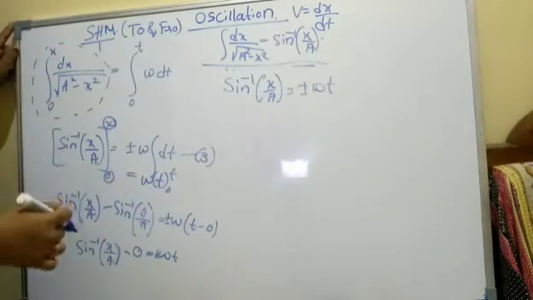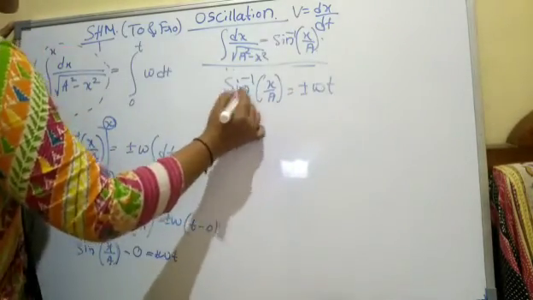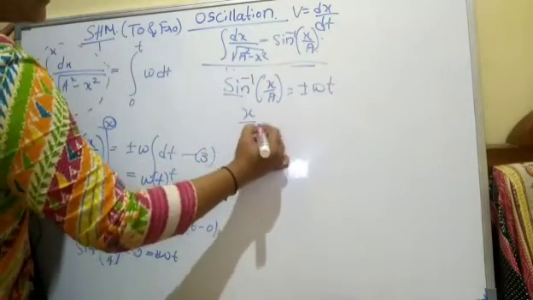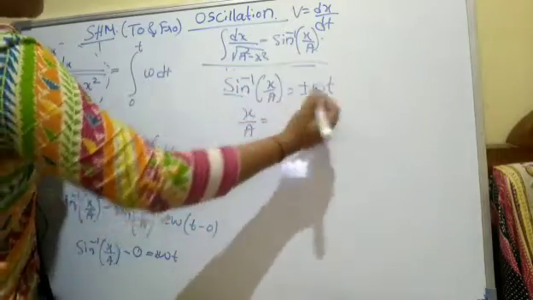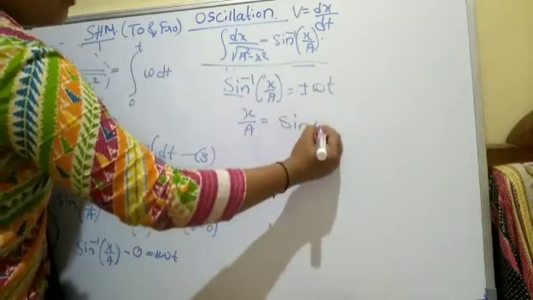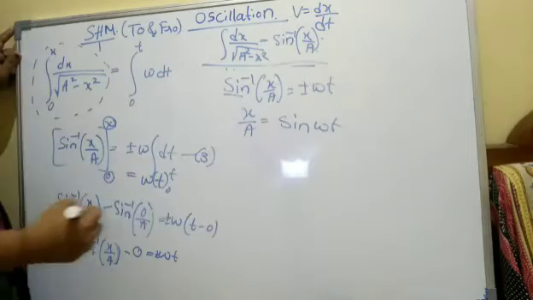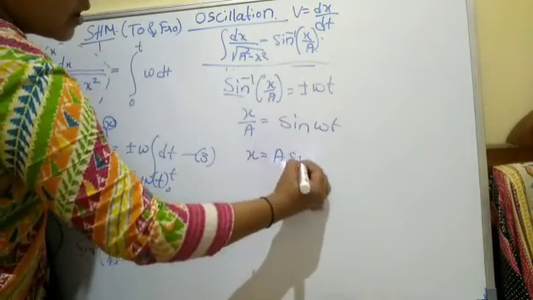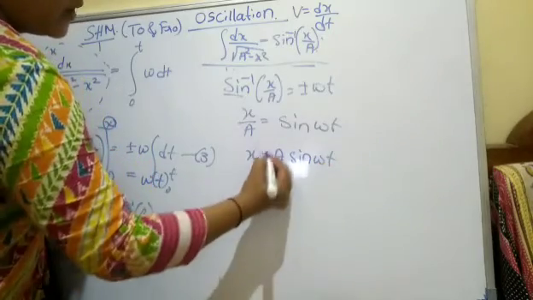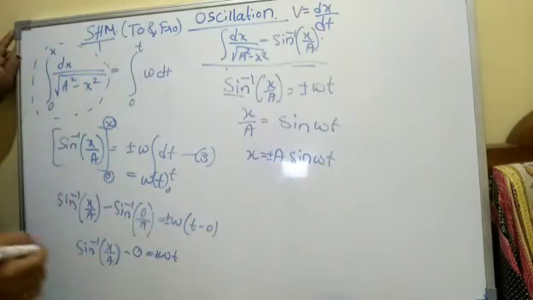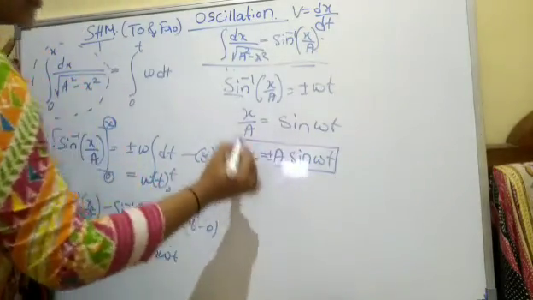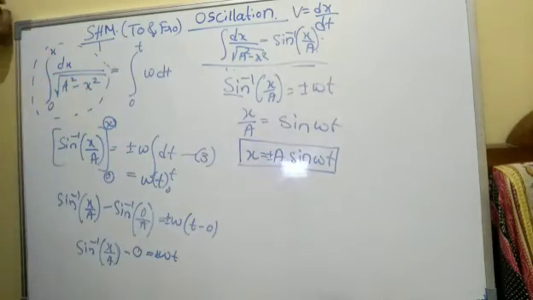So we have got it here. Now this sign I will convert, means I will send it there, that is x by a is equal to, inverse will come in the form of sine omega t, right? So I will send this, x is equal to a sine omega t. So here I will write plus or minus. That means this is the general form of the particle executing simple harmonic to and fro motion.